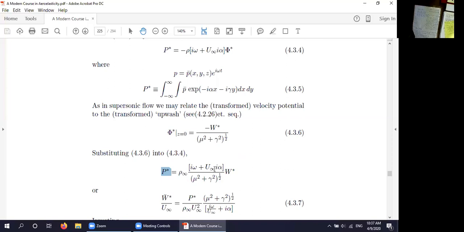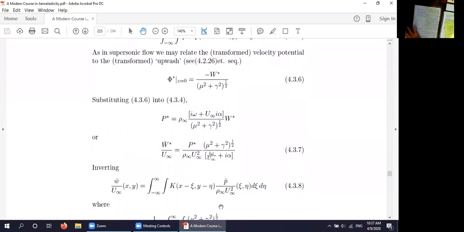And now, if I knew W everywhere, I would just double invert this and find the pressure, but I don't. I only know W on the wing. So I manipulate this equation and separate out the downwash non-dimensionalized by the free stream velocity on this side, and I have the pressure on this side, and of course this factor. And then we double invert that.